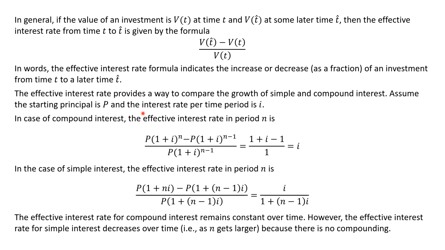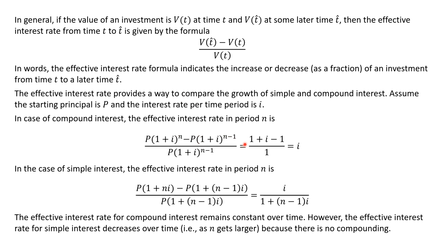So we can compute this for specific types of interest rates. I did it for the compound and simple. So here you have, and this is between two time intervals, so time n minus 1 and time n.